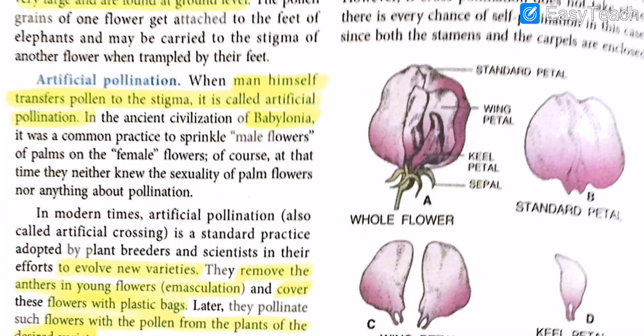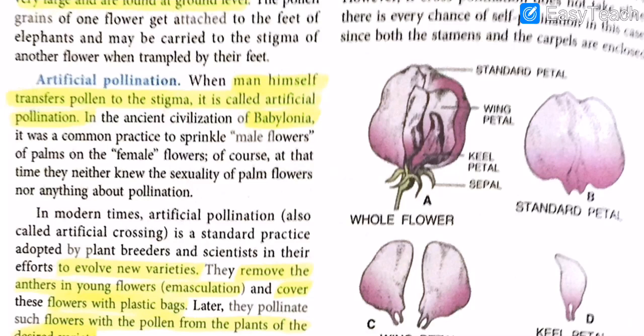And how are these varieties formed? Not because people purposely make these plants by hand. No. That's not possible. It actually happens by artificial pollination because you can take different varieties of the same plant and mix them together and build a great plant, right? That is how you also get cherry tomatoes. You get different breeds of the same kind of fruit or vegetable, right? So in modern times also it is used by plant breeders or scientists, right?